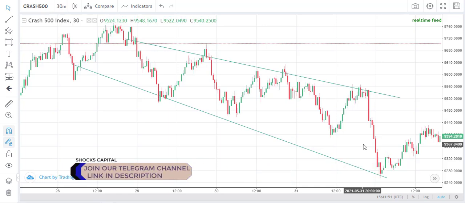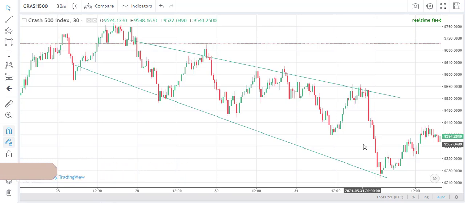So with that in mind, we are going to be looking for sell opportunities on the crash 500 index on this particular piece of price action. We are going to look at every point where price broke the lower low and created a new lower low. Let's just say this is the peak.